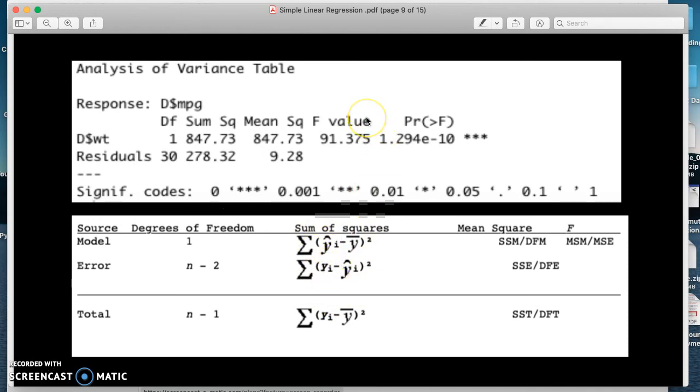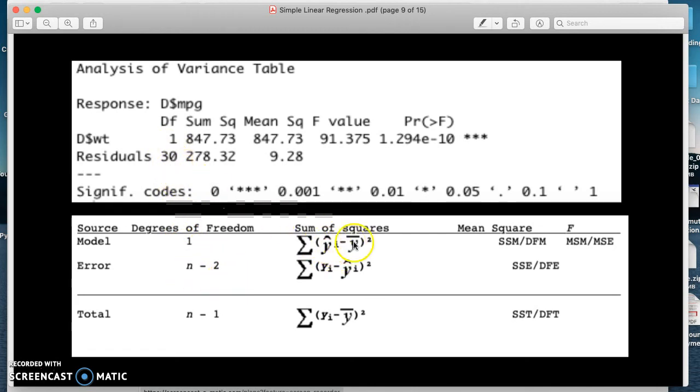So when you run the ANOVA table of the model, you can just type anova of the model. This is in R. While you do that, you're just going to get this output, right? From there, you can see that the first column is degrees of freedom, so you have 1 and 30. This 30 is because we have 32 observations, and 32 minus 2 gives you 30.